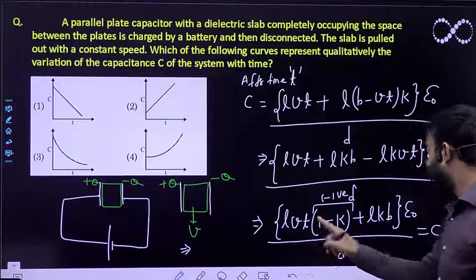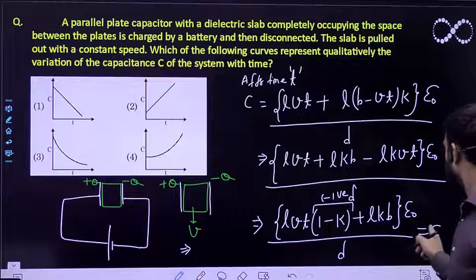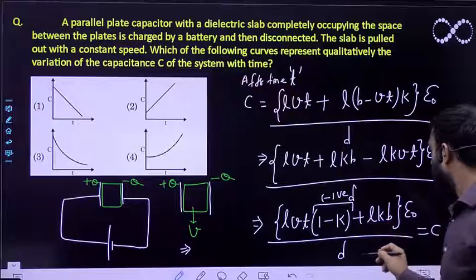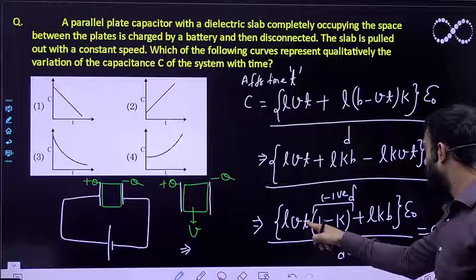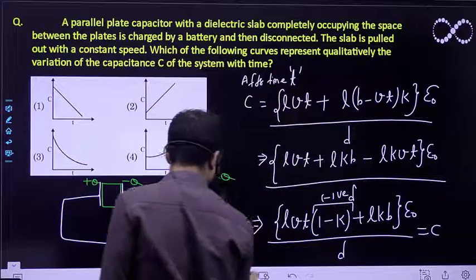So you can see C is a function of time, like y is equal to mx plus c. With t, m will be negative.